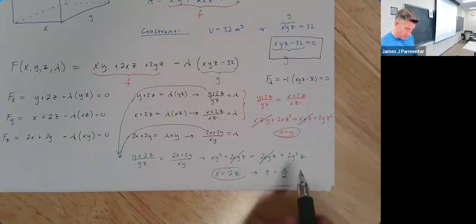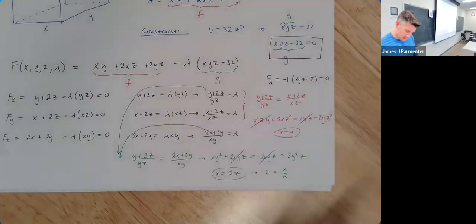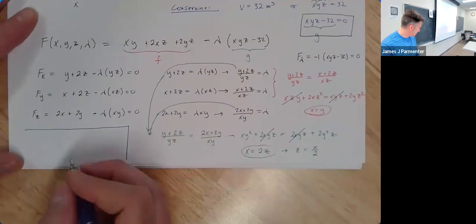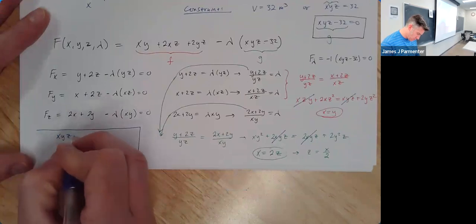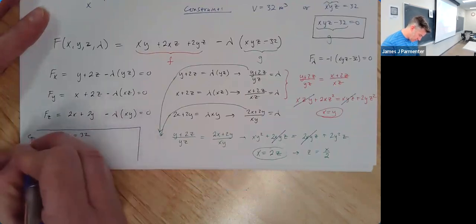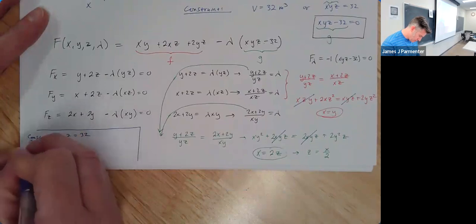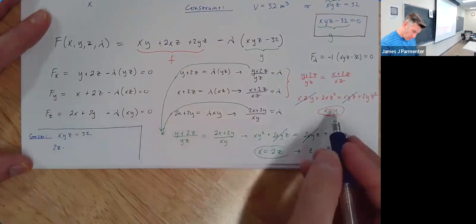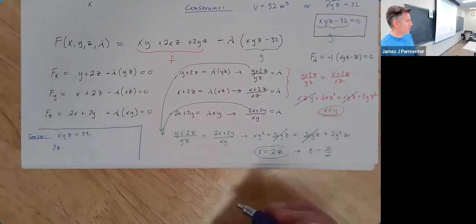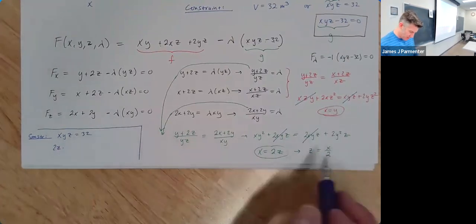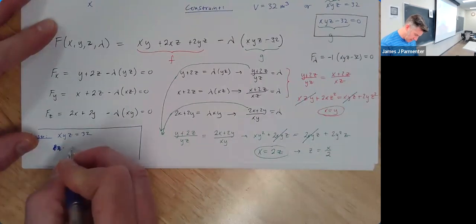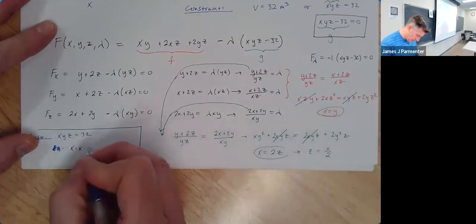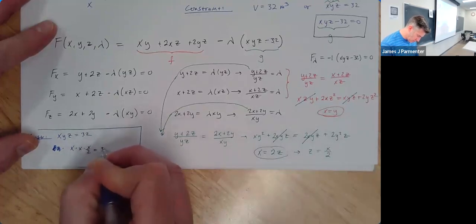So then plugging both of those back into my constraint, xyz equal to 32, I'm not plugging in for x, I'm plugging in for z. So I have x times y, which is equal to x, times z, which is equal to x over 2, equal to 32.